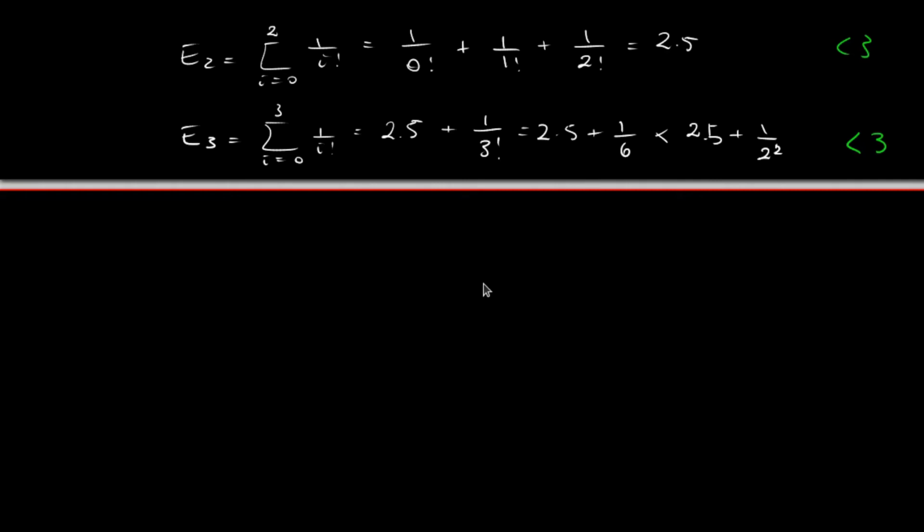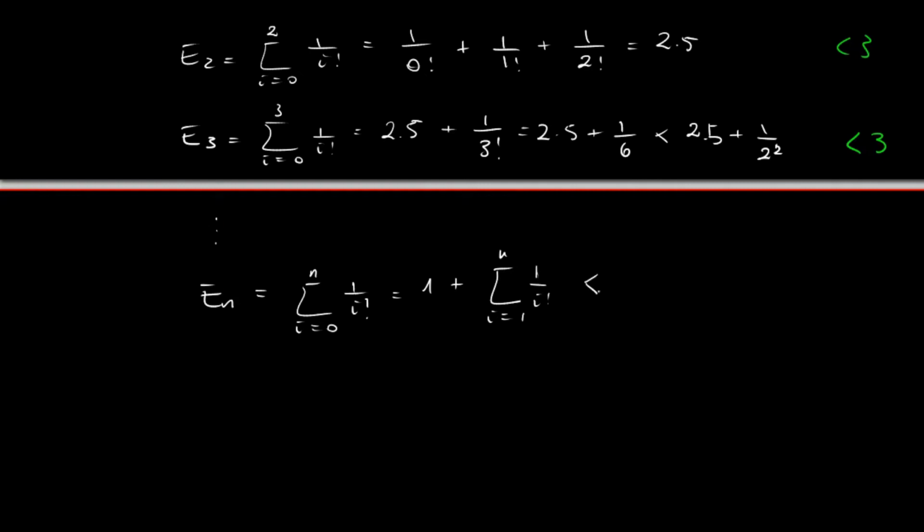And in general, what we're going to have is that E sub n can be written as the sum from i equals 0 to n of 1 over i factorial. And this is 1 plus the sum from i equals 1 up to n, because the element when i equals 0 is equal to 1, of 1 over i factorial.